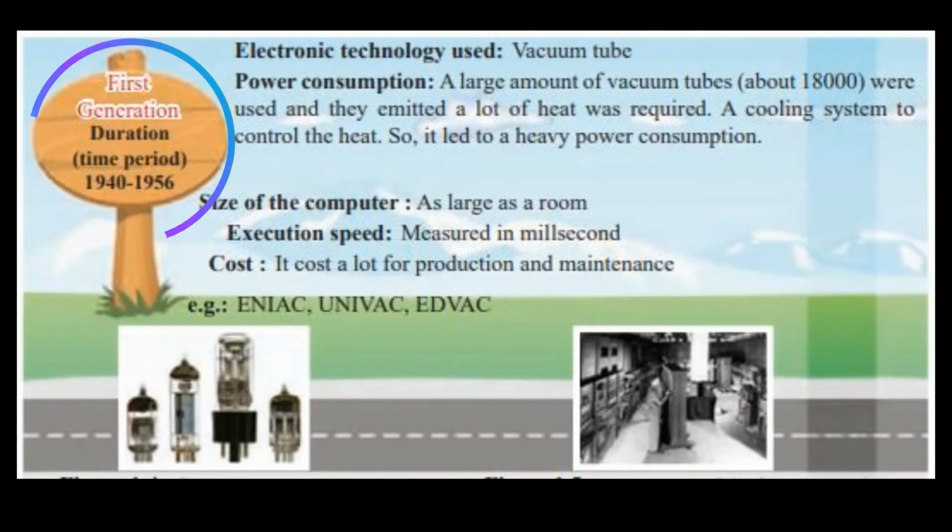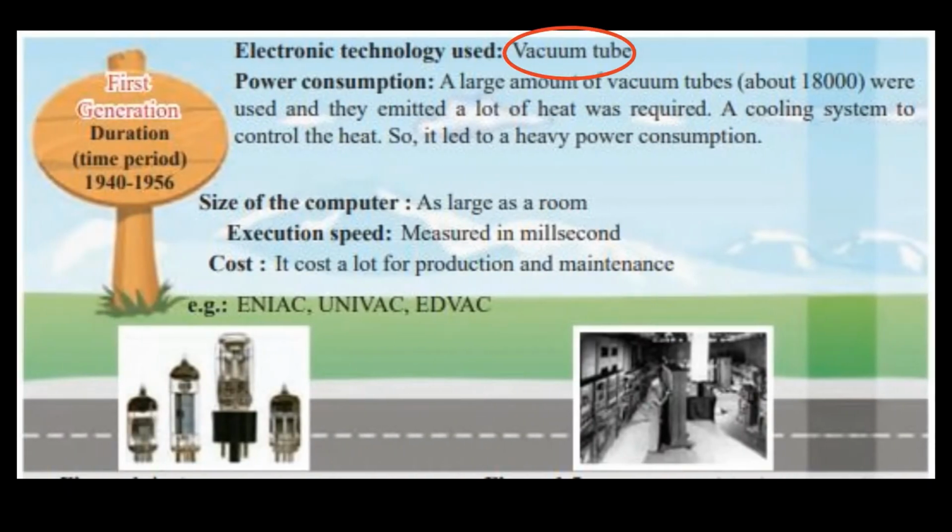The first generation duration time period is 1940 to 1956. The electronic technology used in the first generation is called vacuum tube.